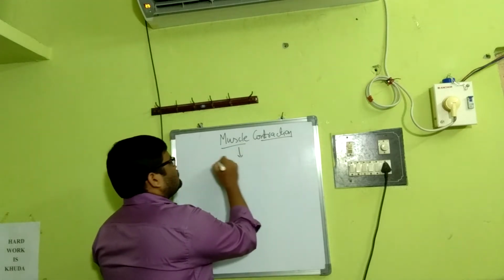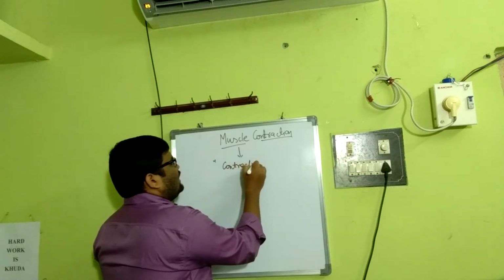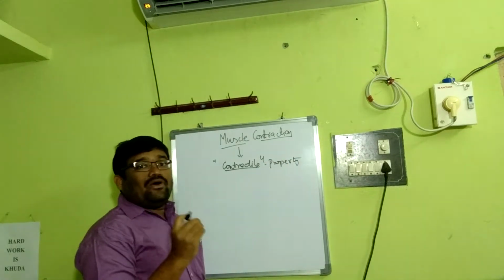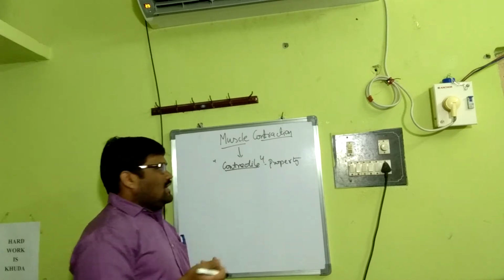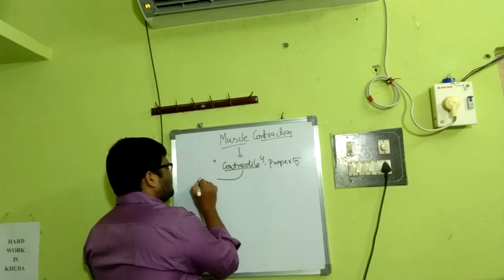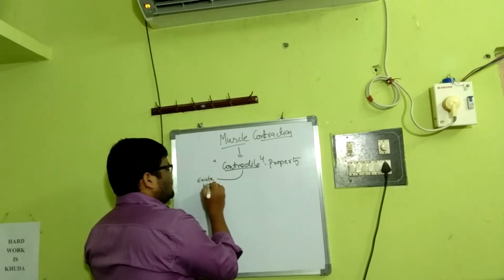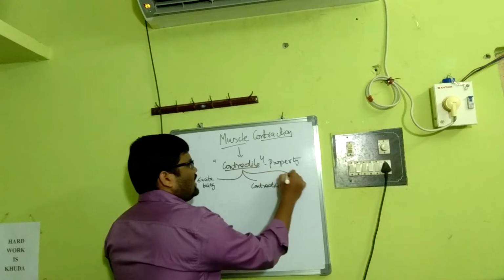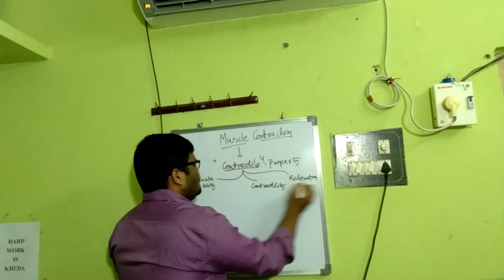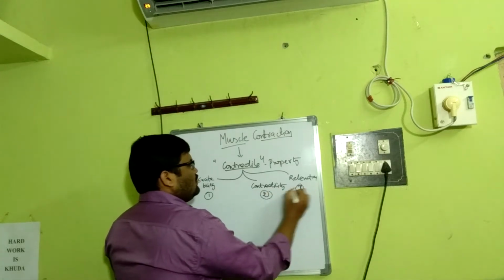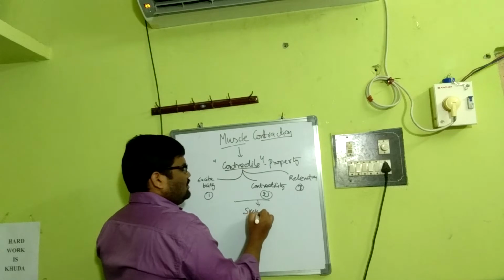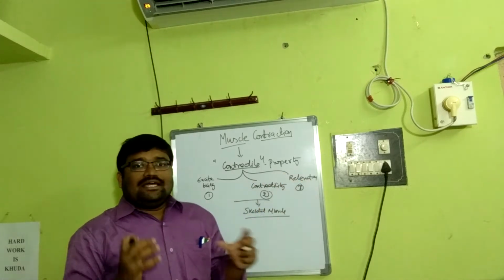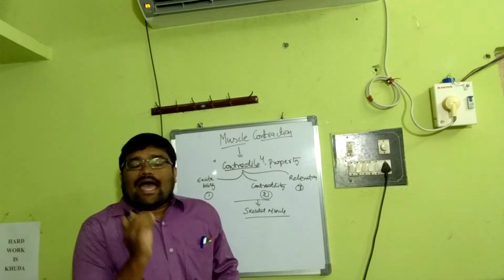The contractile property of muscle is the crux point that helps it act as a locomotory component. These three important features of skeletal muscle, excitability, contractility, and relaxation, make the muscle a primary locomotor component.